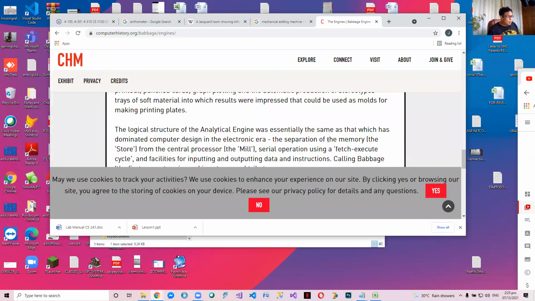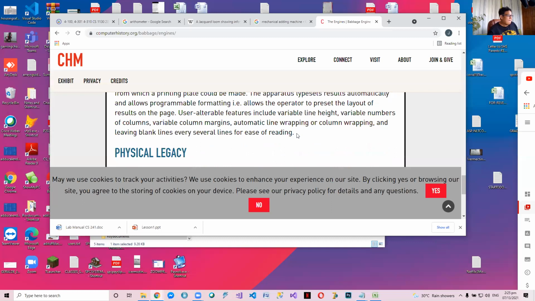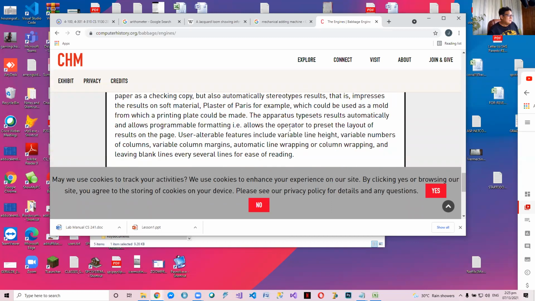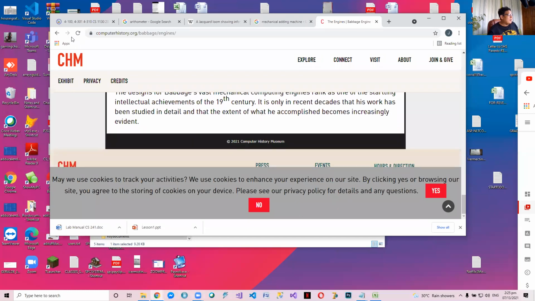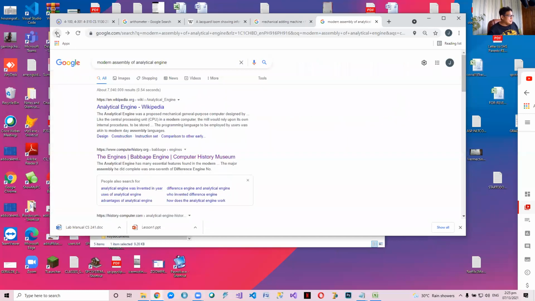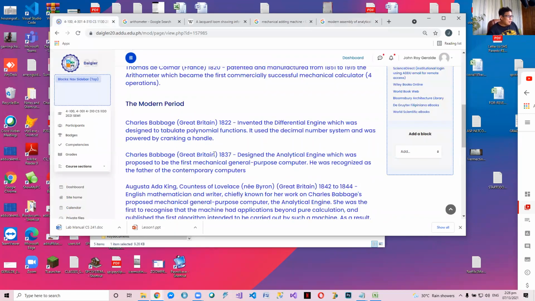I think Penn State has one. So the analytical engines that you see in museums were not assembled during Babbage's time. Charles Babbage, no? Hindi talaga na-assemble ang analytical engine. Do you follow?